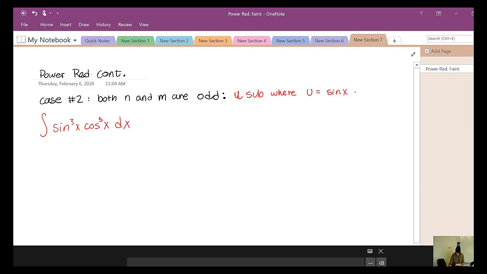So in this example, that kind of demonstrates the starting point. I could say here, u is equal to sine. And if u is sine, what will du have to be? Yeah, if u is sine, du will be cosine, sine's derivative.